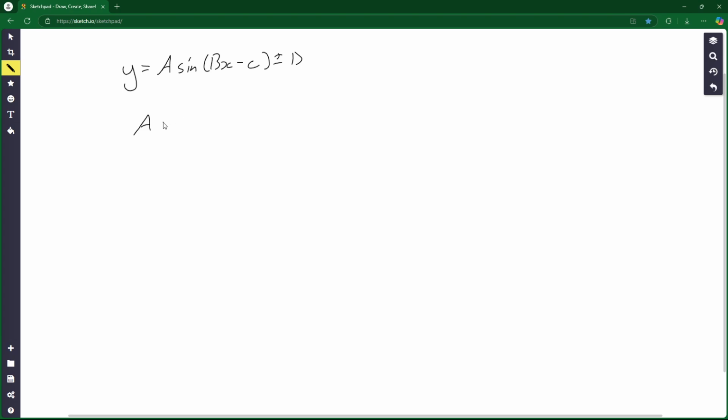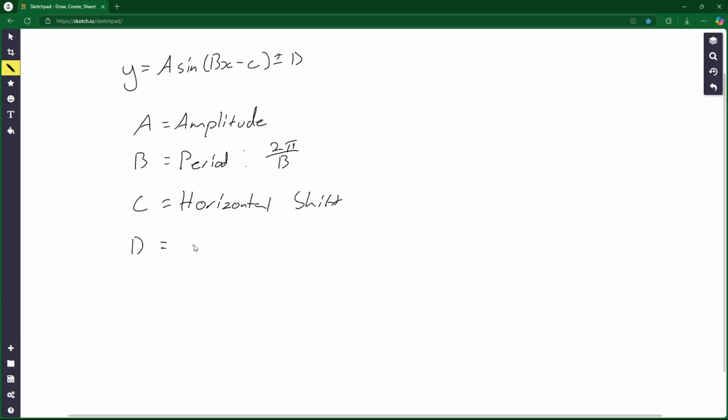Our a here is going to equal our amplitude. b is going to equal our period, and the formula to find your period is going to be 2 pi over b. c is your horizontal shift, and then d is going to be equal to your vertical shift.